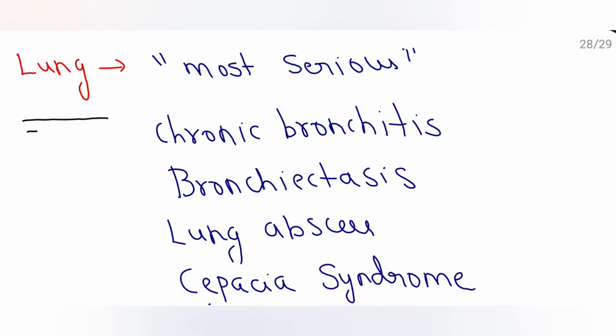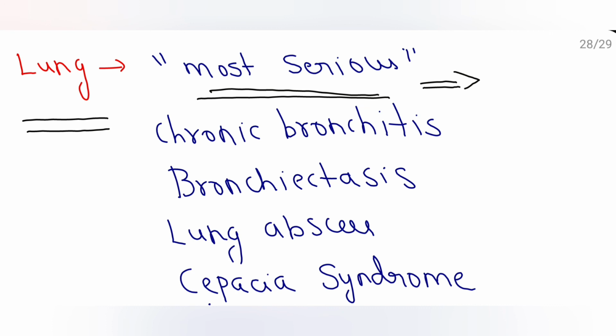Now the lung, this is very important because the most serious complication in cystic fibrosis occurs in the lung. The bronchioles are distended, and there is thick mucus secretion. There is marked hyperplasia and hypertrophy of mucus secreting cells.